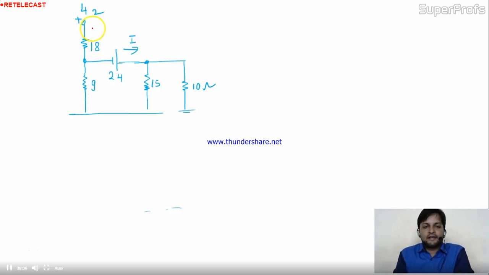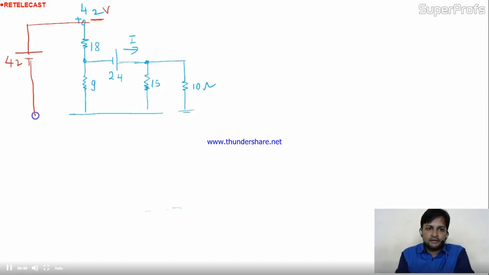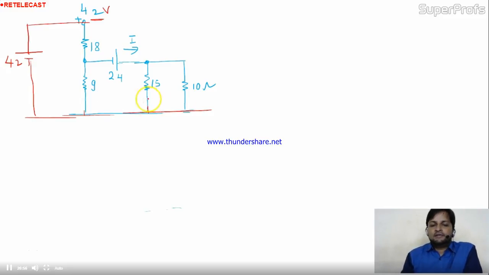First simplify the circuit. This 42 volt source is given with respect to ground. This is the ground for all, and all grounded parts we can connect together. I can resolve these two parts, they are connected in parallel.